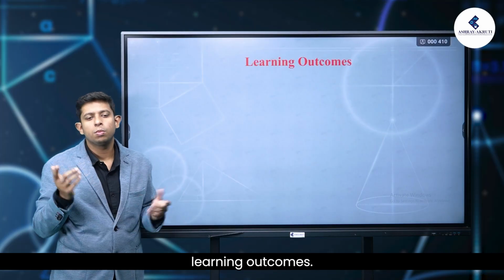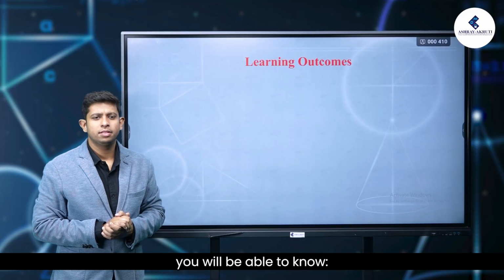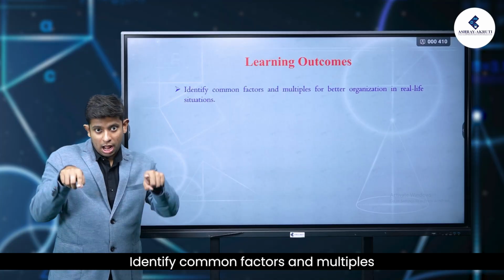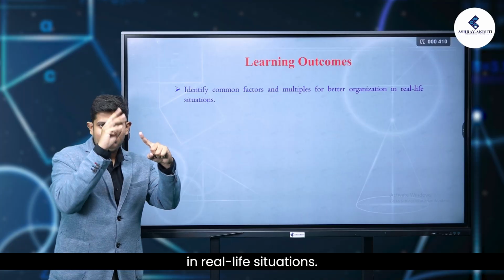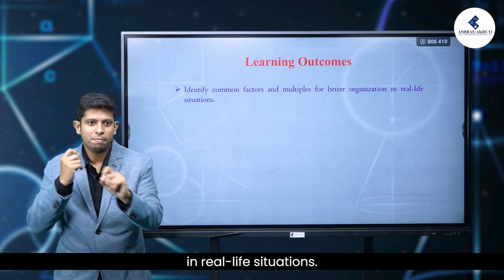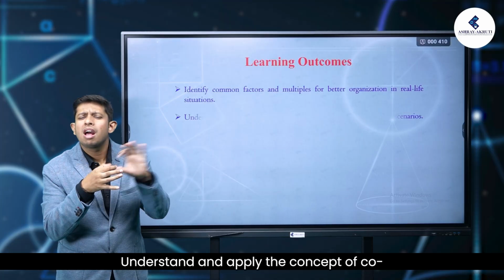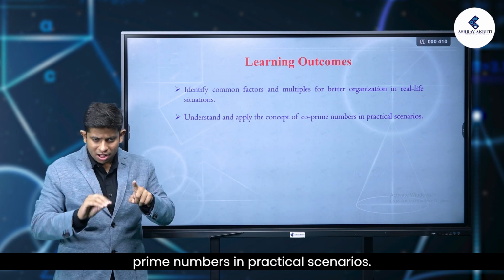Learning outcomes. After the completion of this lesson, you will be able to: identify common factors and multiples for better organization in real-life situations. Understand and apply the concept of co-prime numbers in practical scenarios.